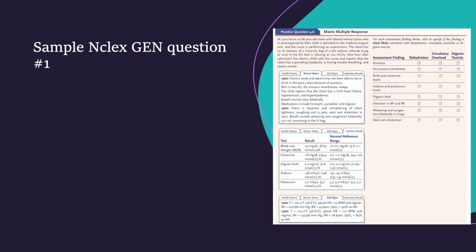It doesn't even say that the nurse gave the patient digoxin, but guess what? This would be a perfect time to see, do you know your medications? All right, before I shout out the answers, I'm going to give you guys 30 seconds to see if you can answer the question. And you only pick one per assessment finding.